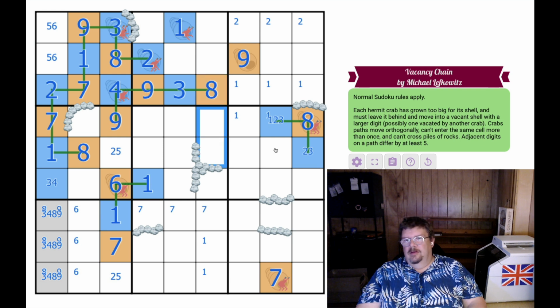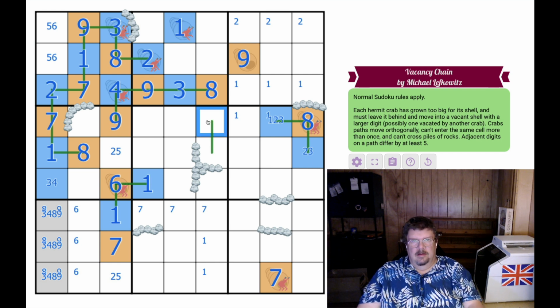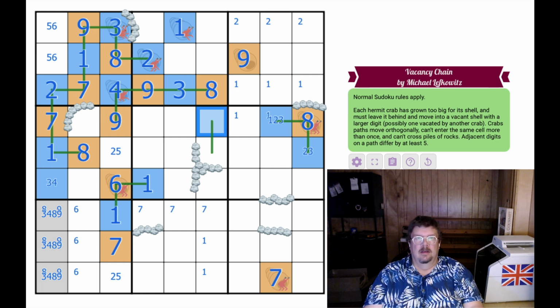So whether it comes down that way or does a little extra bit of loop, what I do know is that those two are on the path. That one is going to be a low digit. That one's going to be a high digit. And if that's now on the path, then the path has to go that way. And that's going to be a low digit. Oh, this is so much fun.